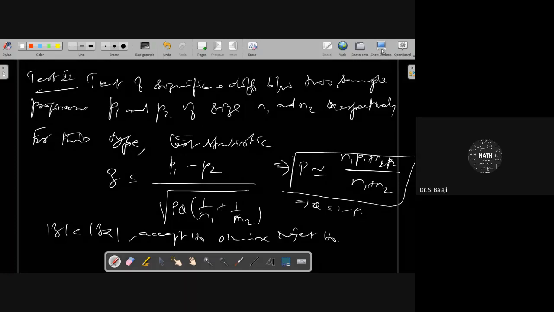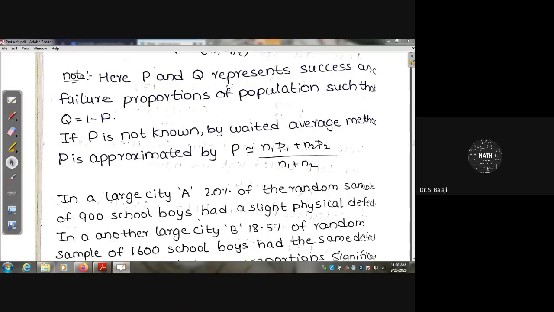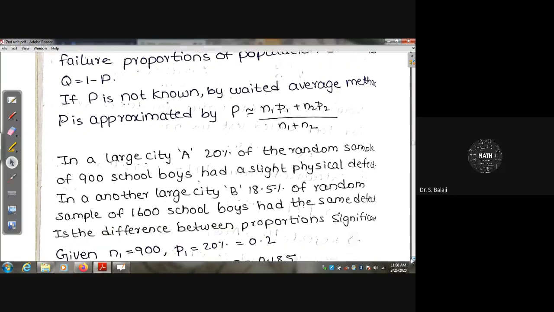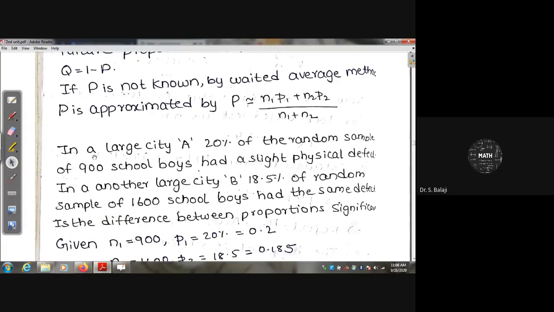Right. Now we discuss some problems based on this idea. Problem number 1. In a large city A, 20% of a random sample of 900 school boys had a slight physical defect.